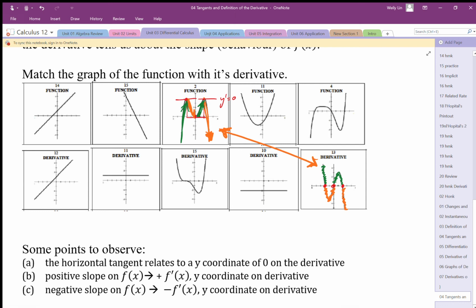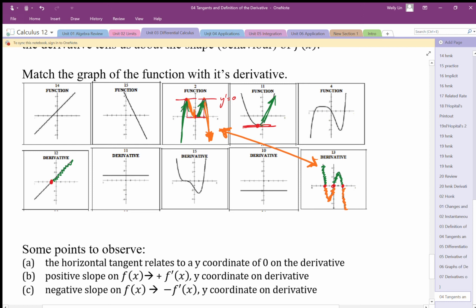Let's take a look at the quadratic then. There's my quadratic function. It has slope 0 right there at -1, so I'm going to look for graphs that cross at -1. That looks like it's -1 here. None of my other graphs seem to cross at -1. Now I'm going to check my positive and negative slopes. I have positive slope on this side, it's going up, and I have positive y values on this side.